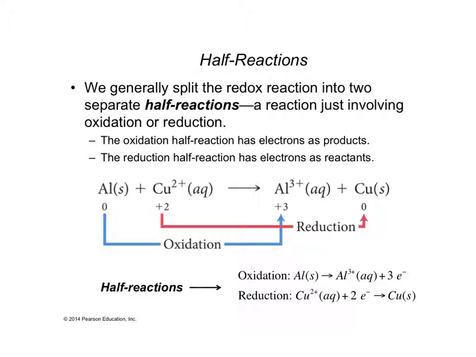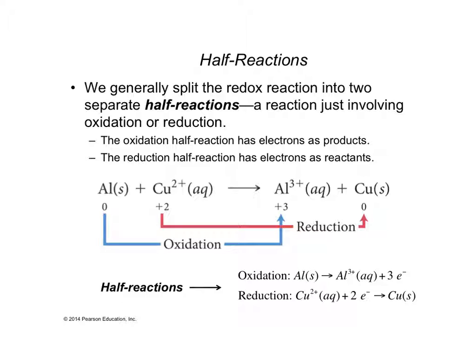Okay, so what we're going to start talking about next is how to balance redox reactions. We haven't necessarily talked about balancing redox reactions yet, or I usually don't. The first step in learning how to balance redox reactions is splitting the overall reaction into what we call 2 separate half reactions.